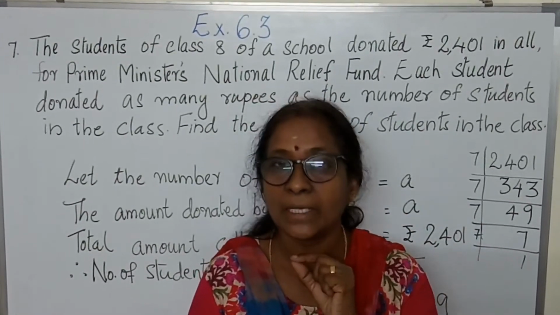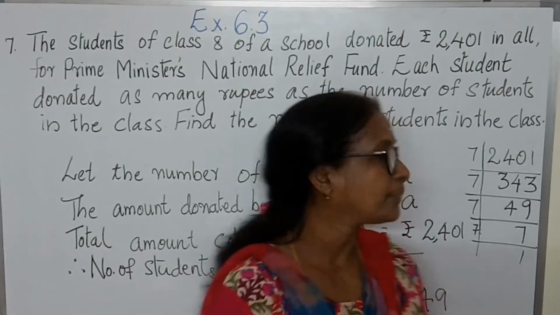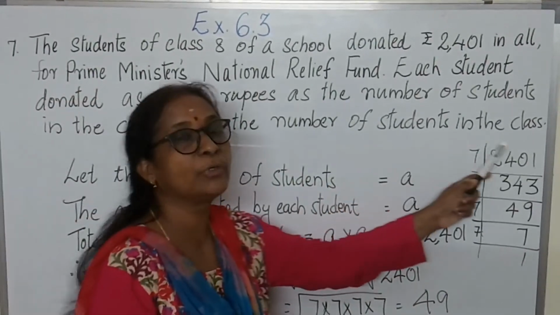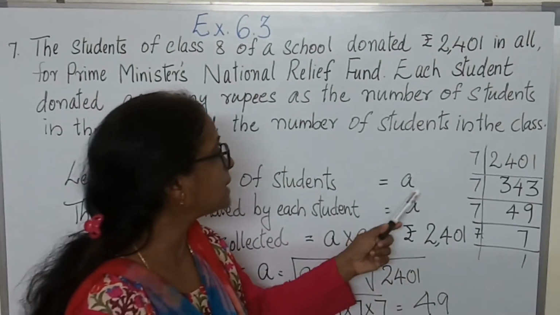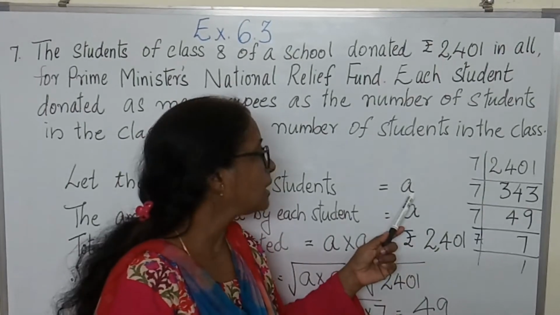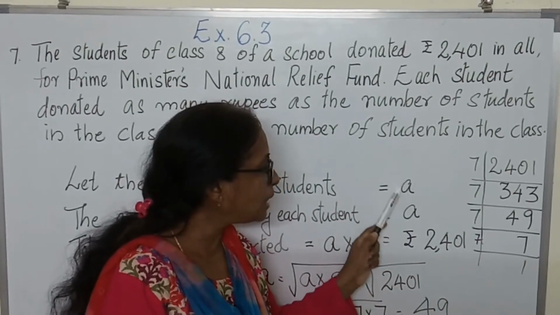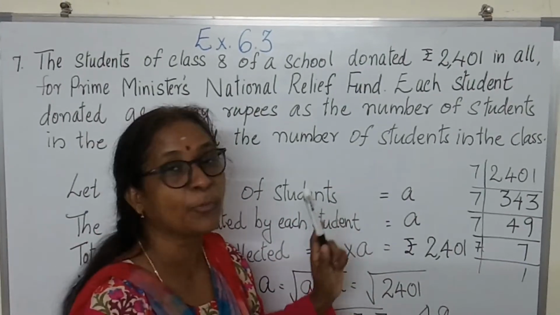collected by each child. Okay, so let us see how to do it. Now, which part we don't know? We are asked to find the number of students in the class, that we don't know. So, whatever we don't know, we will take it as a variable x, a, b, c, d, whatever you want. So, I have taken it as a. So, if there are a students in the class, each child has given a rupees.